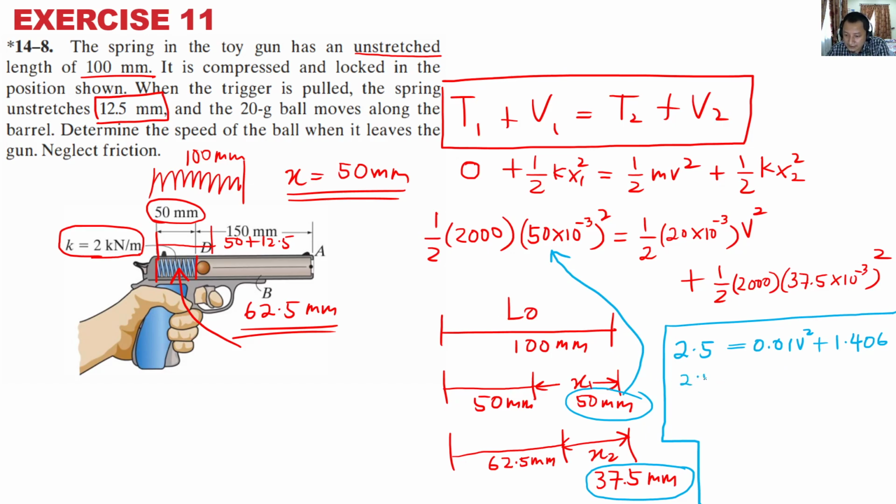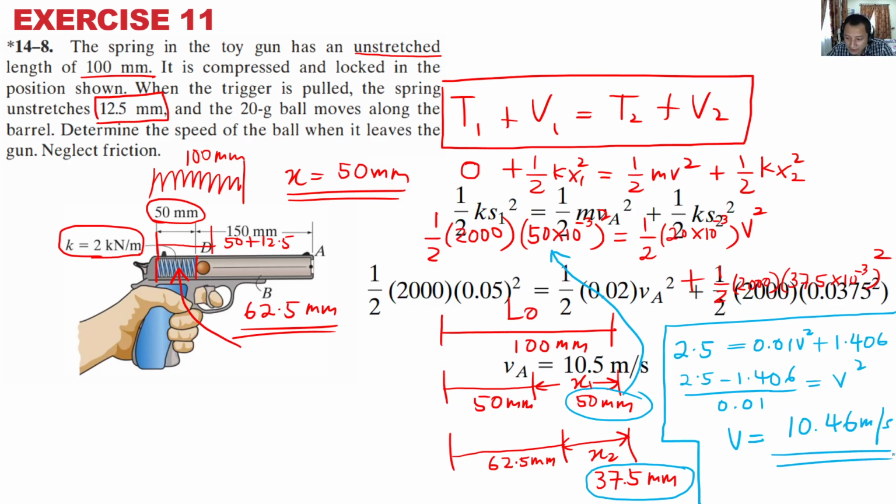So 2.5 minus 1.406 divided by 0.01 is equal to V squared. 2.5 minus 1.406 bagi 0.01, square root, 10.46. Velocity sama dengan 10.46 meter per second. This is the velocity of the ball. Betul ke tak? Yes, betul.